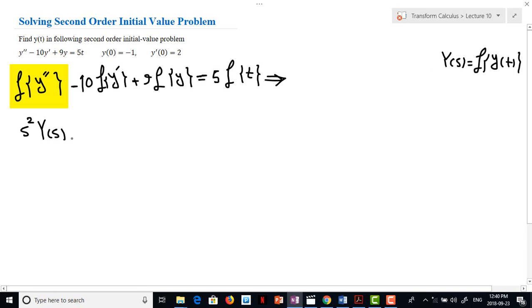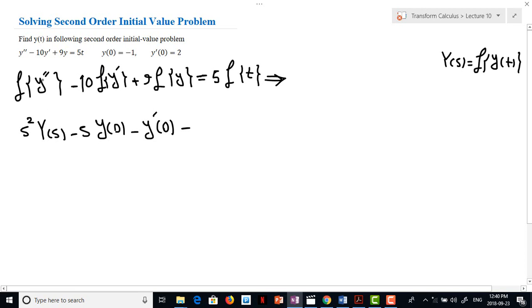So it's s squared times Y(s) minus s times y at t equal to 0. So this y is small y, a function of t, it's not capital Y, which is Laplace transform, minus y prime at t equal to 0.